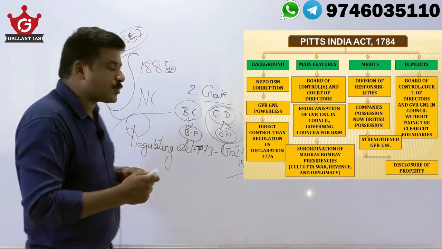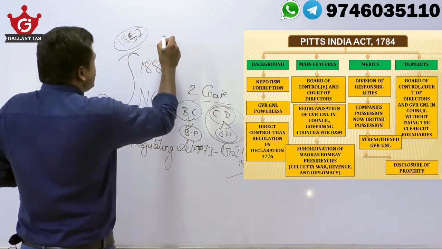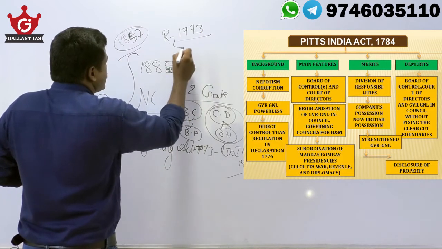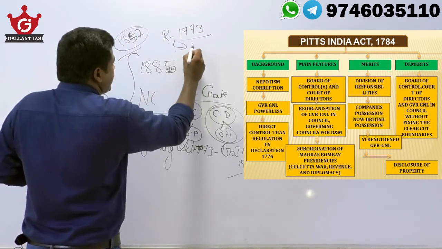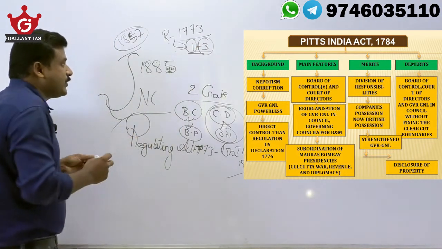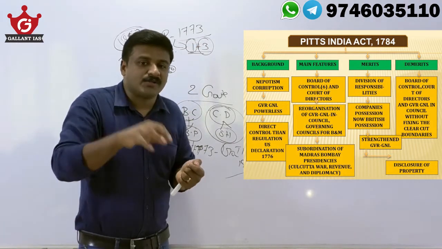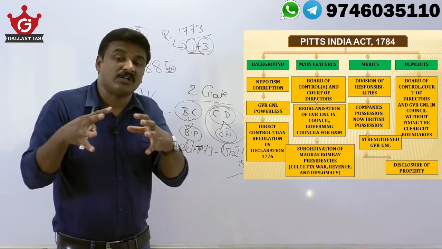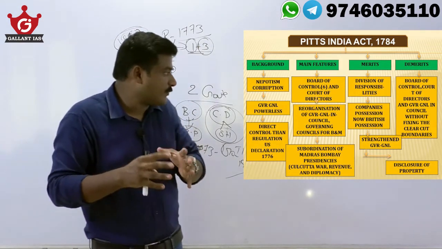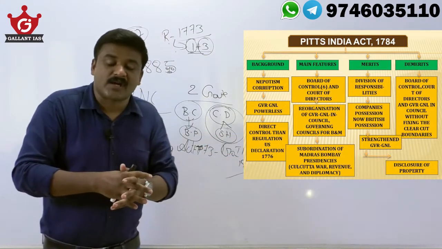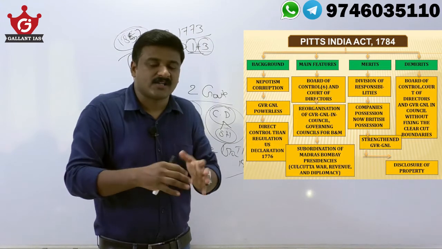Then reorganization of the Governor General in Council, already created under the Regulating Act 1773. Now the Governor General in Council was reorganized like 1+3: the Governor General himself and 3 permanent members, who together will perform the executive and legislative functions of the government. Then subordination of the Madras and Bombay Presidencies to the Calcutta Presidency. That is also part of centralization.